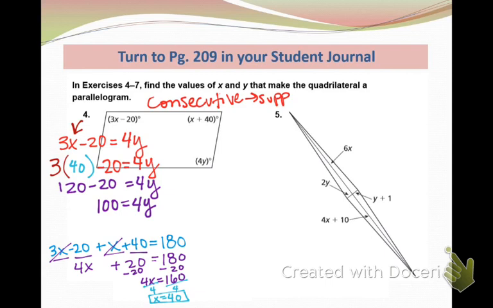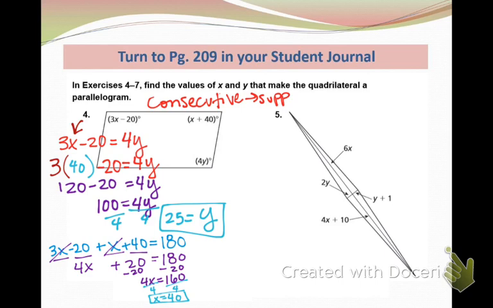Divide by 4, and y equals 25. Sorry, it's not the prettiest. I'm trying to make it quicker.